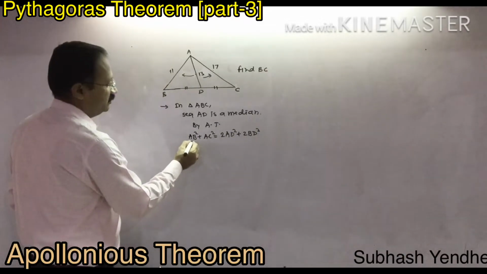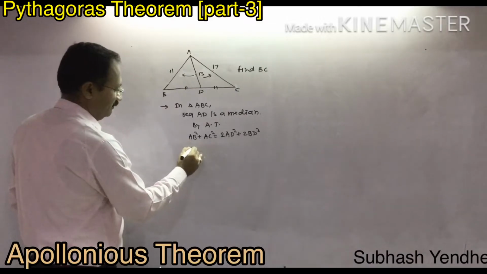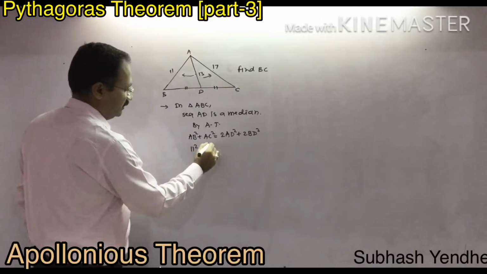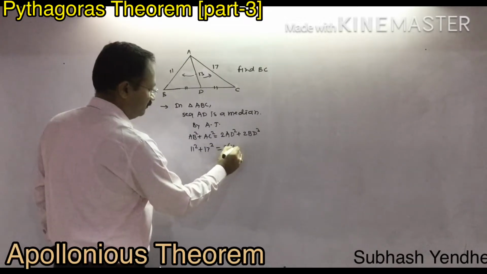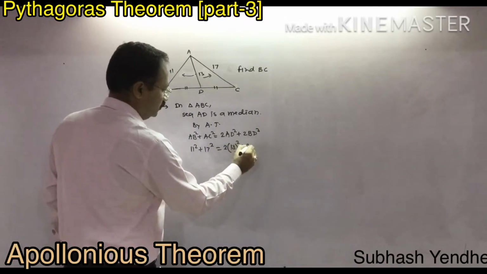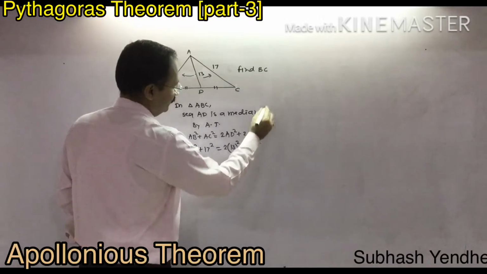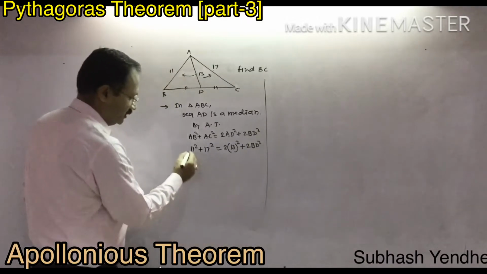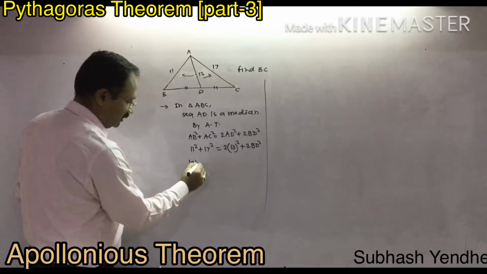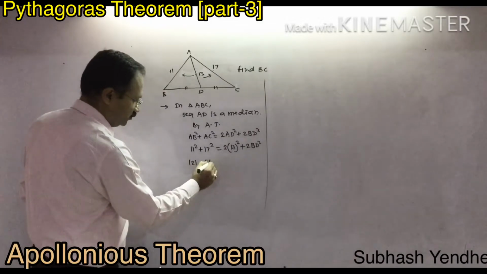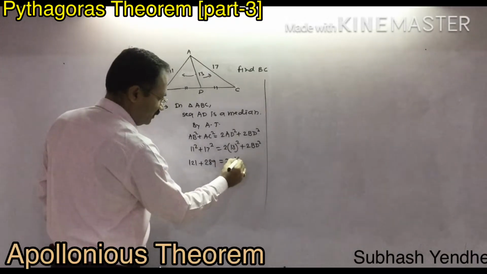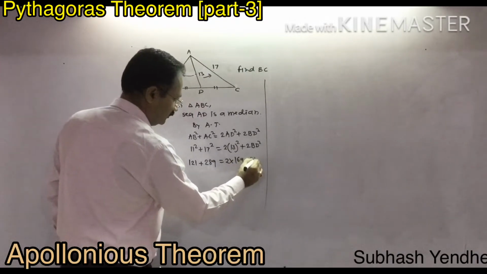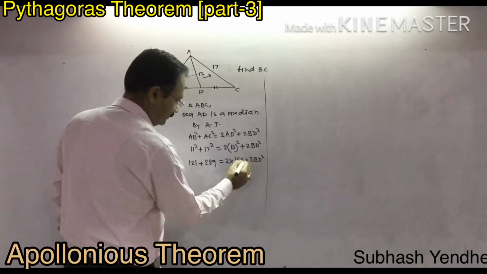Now substitute the value. AB's value is given 11, AC's value is given 17, AD's value is given 13, 2BD square will be as it is because its value is not given. 11 square is 121, 17 square is 289, 2 into 13 square is 169 plus 2BD square.